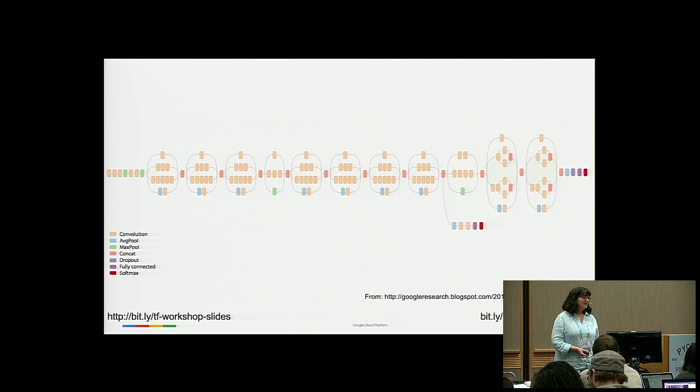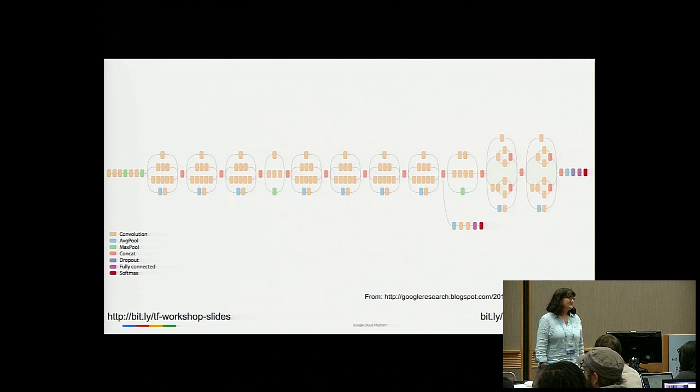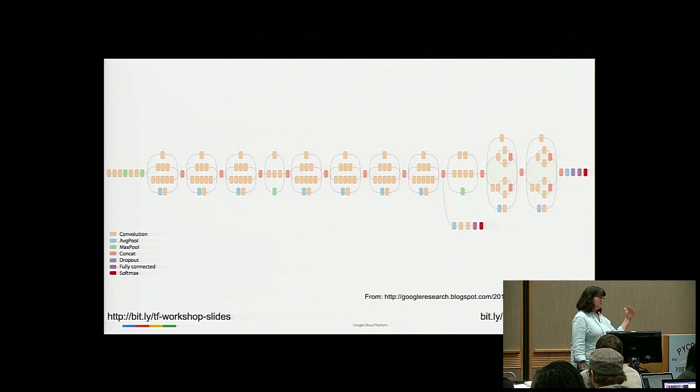Okay, so most neural nets don't just look like this. In fact, this schematic here is kind of an abstracted view of the Inception 3 image classification graph that came out of Google's effort in one of the ImageNet contests.